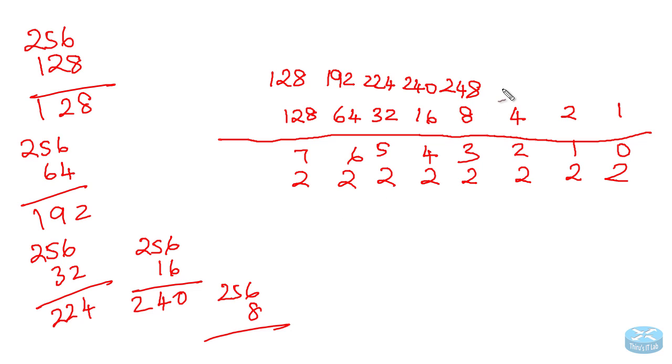And this one, 256 minus 4, 252. 256 minus 2, 254. 256 minus 1, 255. And then place the bit numbers at the top: 1, 2, 3, 4, 5, 6, 7, 8.